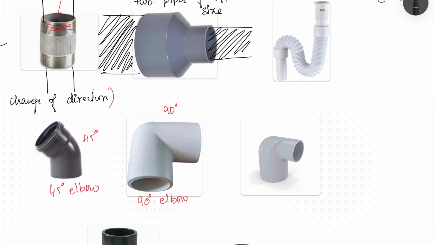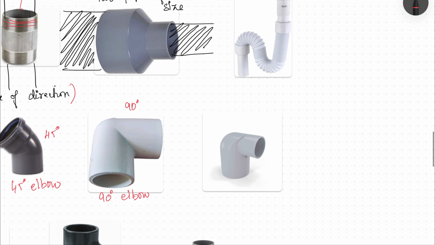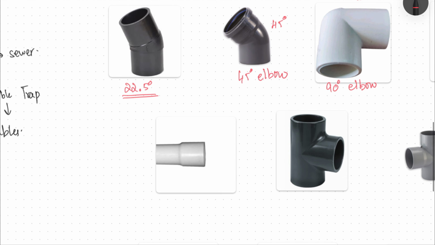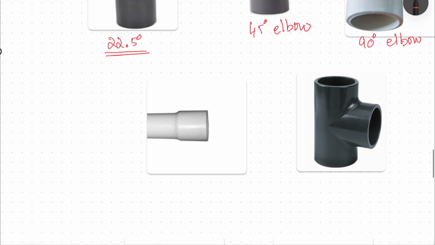And if it is an elbow, but it also connects two pipes of different sizes, then it's called a reduced elbow. Here you can see this is a much smaller pipe, whereas this is a much larger pipe. So this is a reduced elbow. Then you have this, which is called a bell or hub.